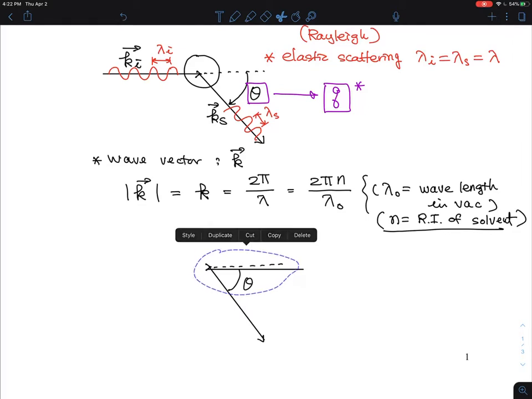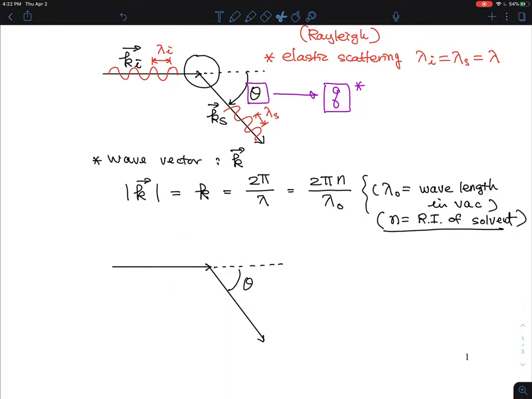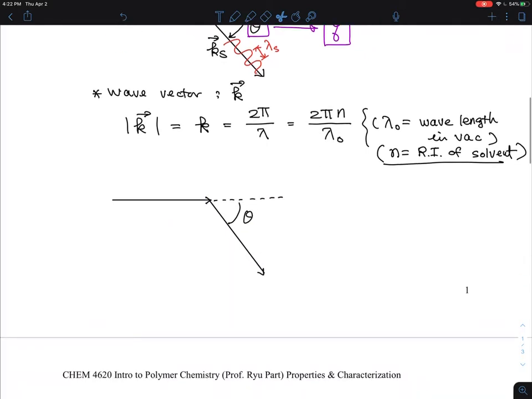So what I did is I'm going to rewrite. I mean, this is essentially a K. This is a K, and this is a K. Same incident, scattering, and this is the same because their wavelength is the same.